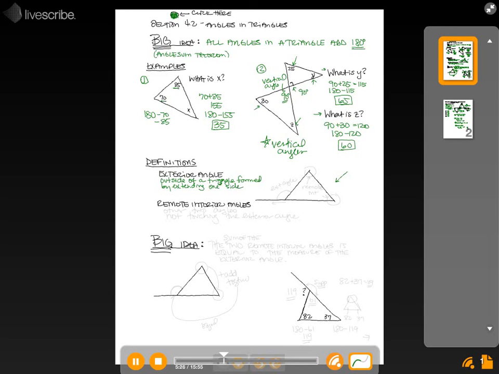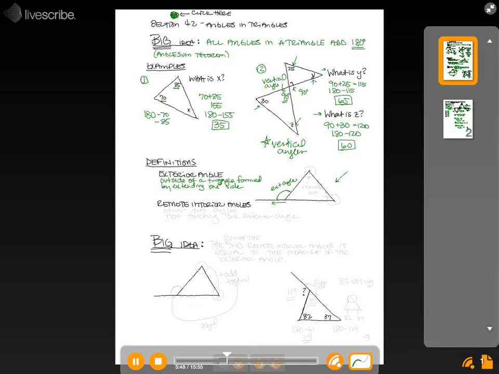Okay, so if we look, we've got our triangle, our arrow's pointing at our triangle. We've extended the side out, so our exterior angle is right here. Okay, it's outside of the triangle, and it's formed by one side being drawn longer, and then the angle that's formed there between the sides of the triangle and the side that's got extended.